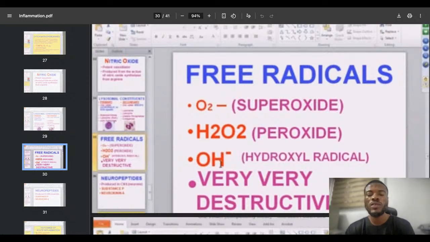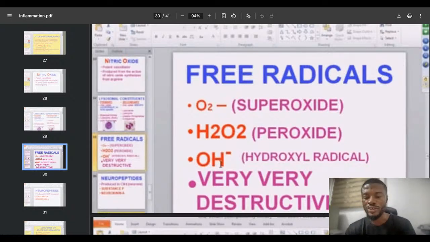Now, some of these free radicals are stored, especially by the leukocytes, the neutrophils, for degradation of foreign bodies that invade the body. Major examples are superoxides, peroxides, and the hydroxyl radical, which is produced from the metabolism of water.